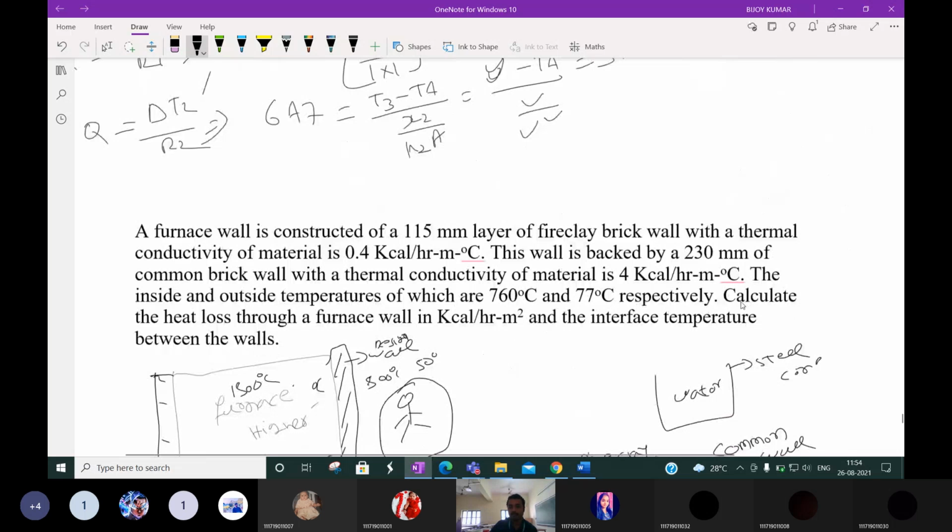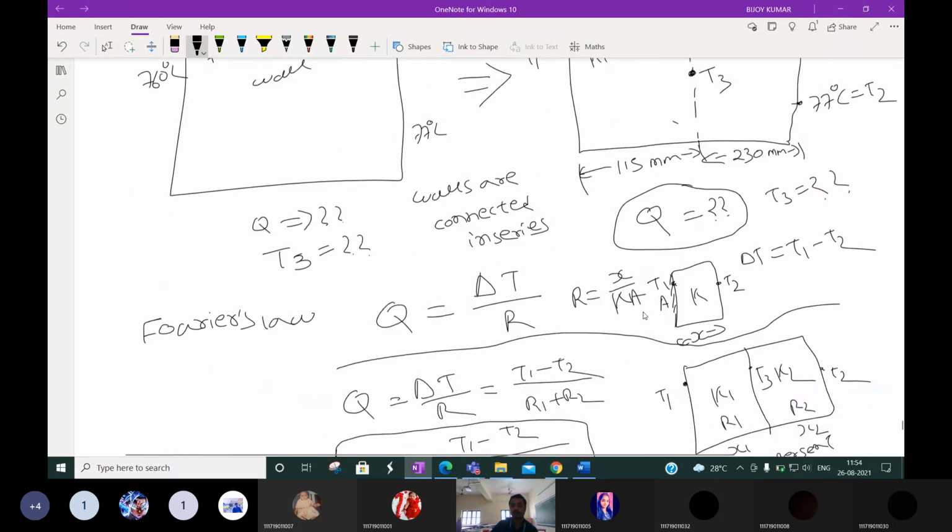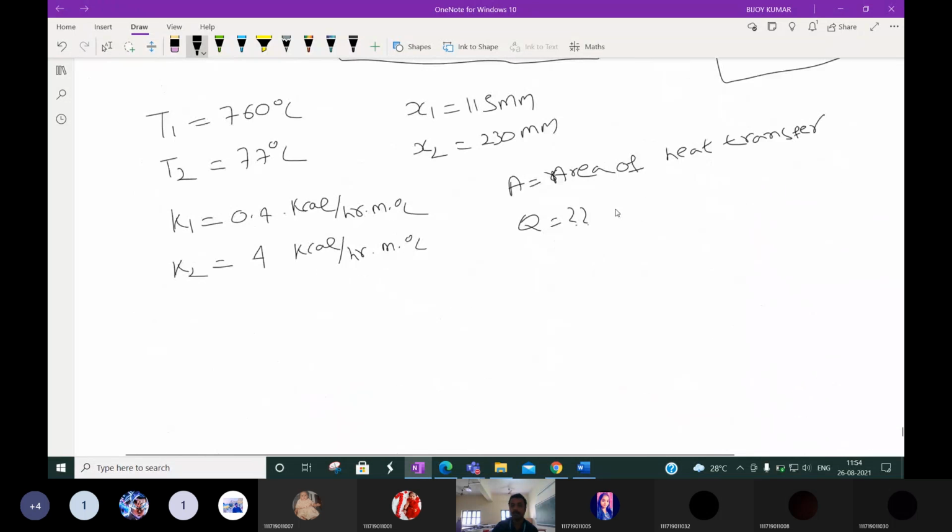Then you see there, the question is to calculate the heat loss through the furnace wall in kilocalorie per hour per meter square. Q is the rate of heat transfer.